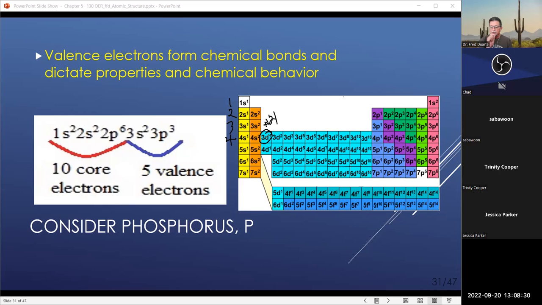Okay, as we start to fill up the D orbitals. But the D orbitals for that element right there, which is number 21, do not begin on the fourth energy level, but actually begin one energy level in from what it's at. So you can see that here, the D start off at 3D1, okay?